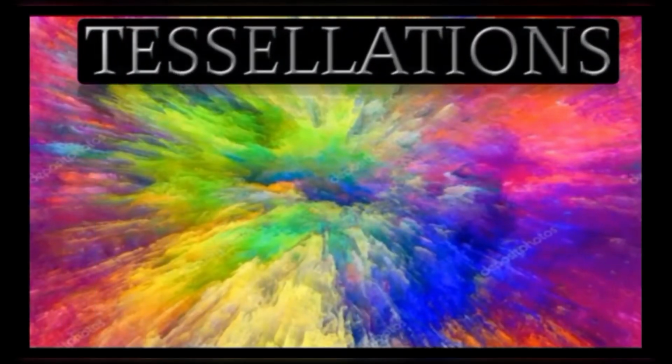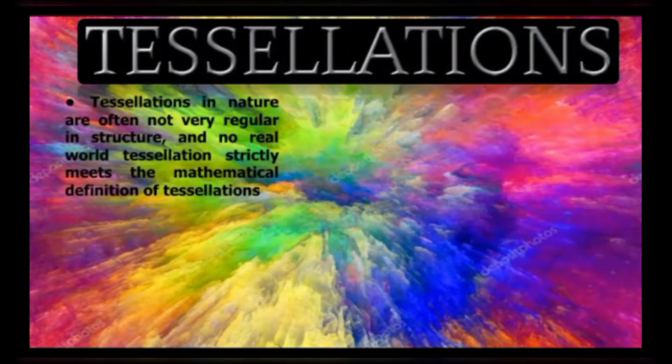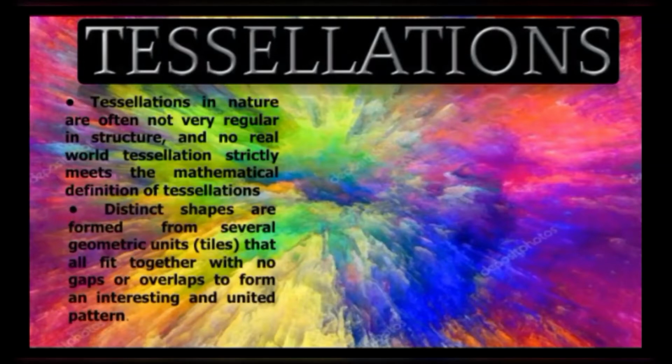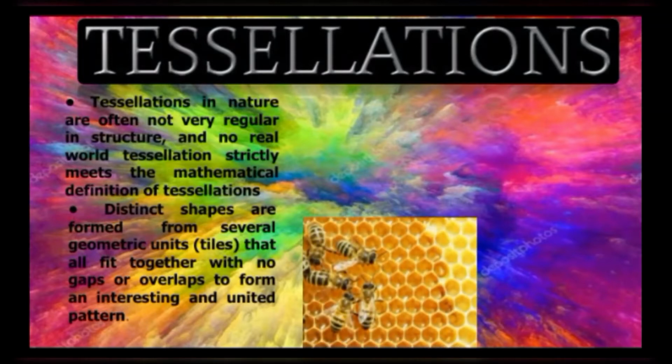Tessellations. Tessellations in nature are often not very regular in structure, and no real-world tessellation strictly meets the mathematical definition of tessellations. Distinct shapes are formed from several geometric units, tiles that all fit together with no gaps or overlaps to form an interesting and united pattern.